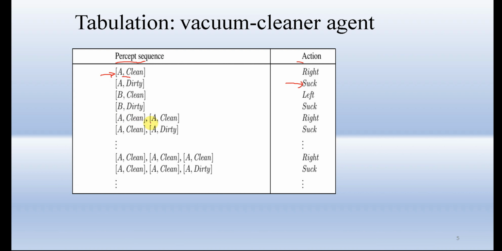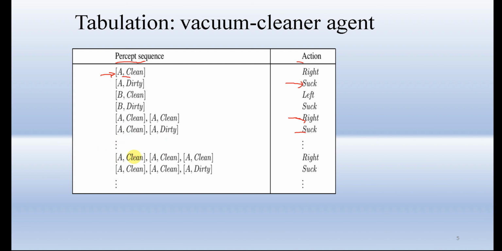After a few minutes or a few seconds, it checks room A again. If it is clean, the vacuum cleaner moves to the right, to room B. If room A is clean, it stays for a minute in room A. After a few minutes, it checks room A again. If it is dirty, the vacuum cleaner sucks the dust.